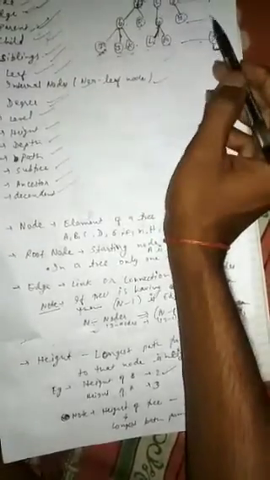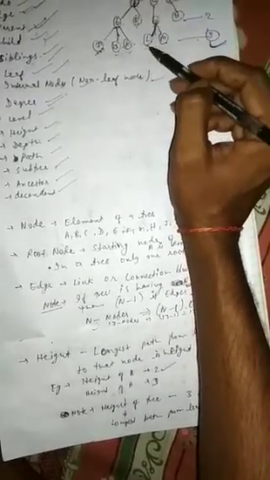Again, when we take A, what is the longest chain? We see here 1, 2, so there are 2 nodes. And when we see C, again J, L. So from L, 1, 2, 3.